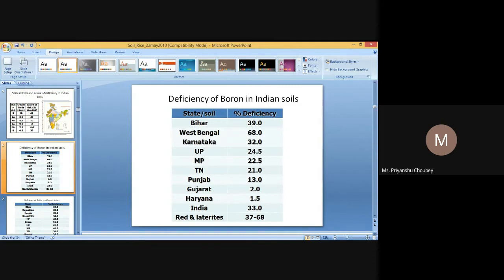Second one is blocky: irregular blocks that are usually 1.5 to 5.0 centimeter in diameter. Third one is prismatic: vertical columns of soil a number of centimeters long, usually found in the lower horizon.